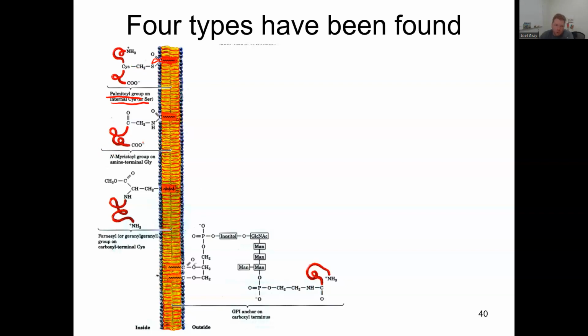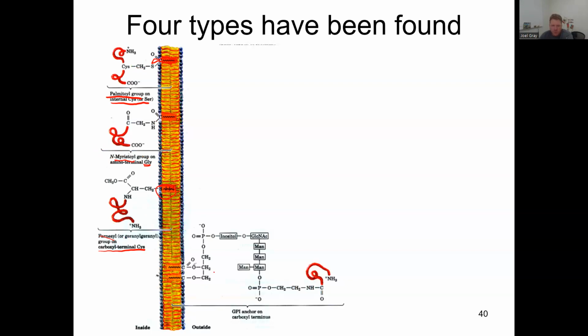The N-myristoyl group: a myristic acid can be added to a glycine that associates with a membrane. A farnesyl group can be added to a carboxy terminal cysteine, and the farnesyl group embeds into the lipid bilayer.